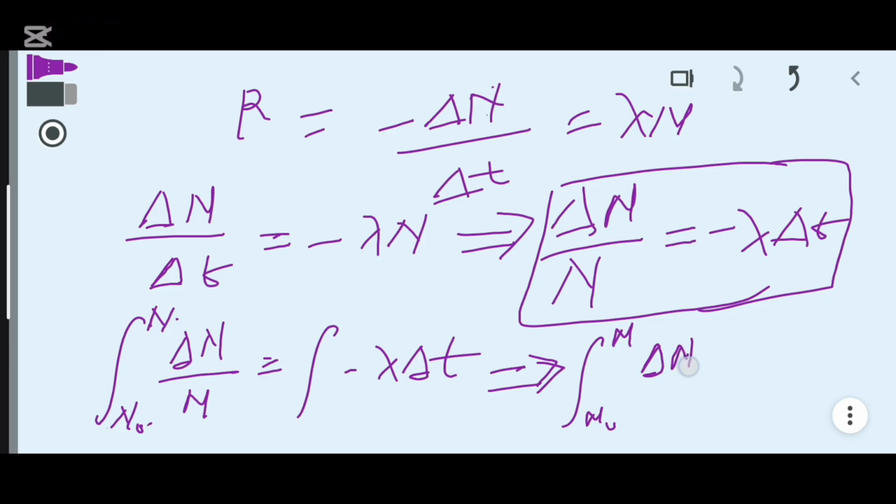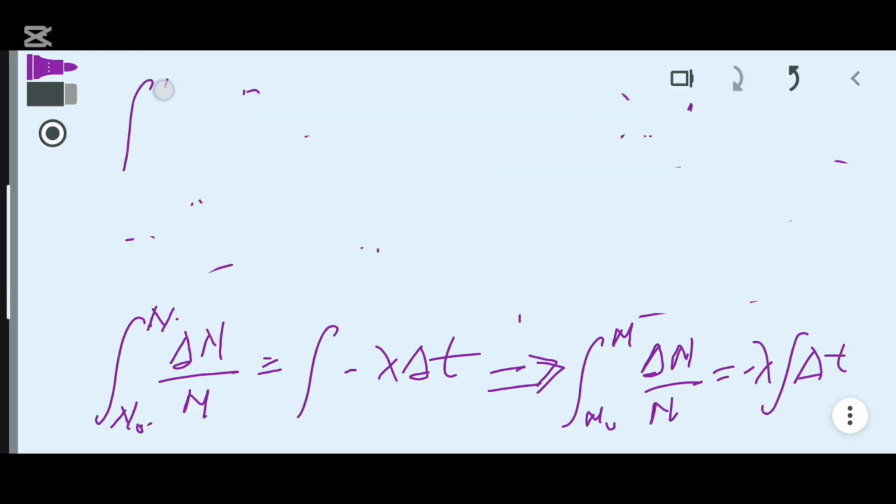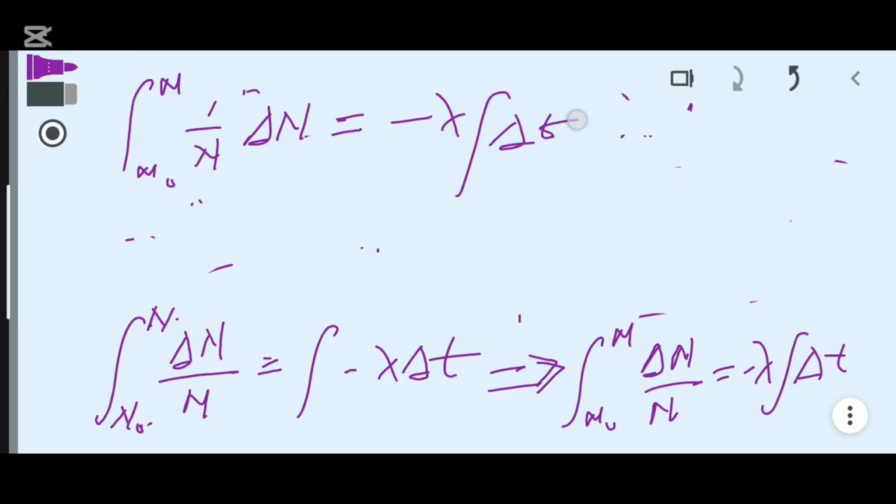We factorize this, and we now have minus decay constant times the integral of dt. So the integral of 1 over N dN, with upper limit N and lower limit N naught, equals minus lambda integral dt.